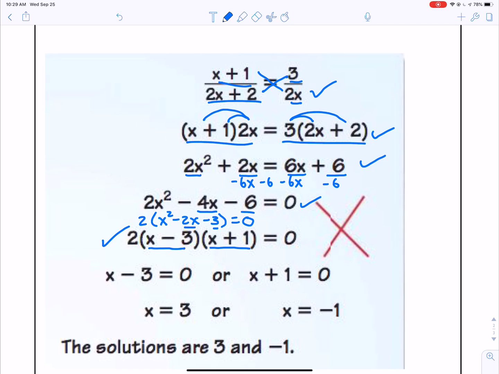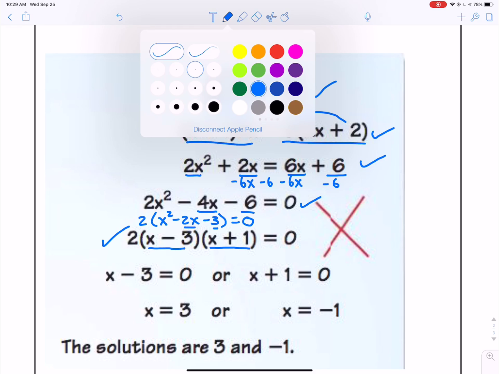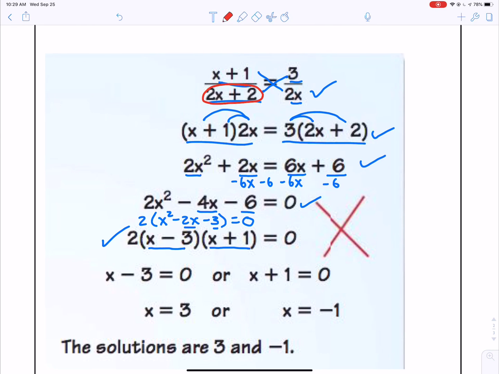Let's check and make sure that would be okay. So if I plugged in 3 for my denominator in the original problem, I just have to check that that's not equal to 0. So 2 times 3 plus 2 would be 8. And 2 times 3 would be 6. So 3 is definitely a solution.